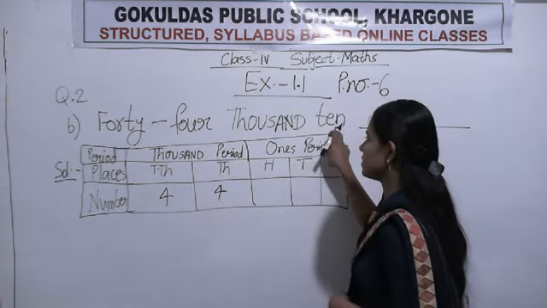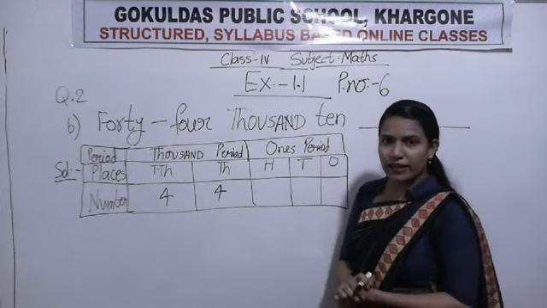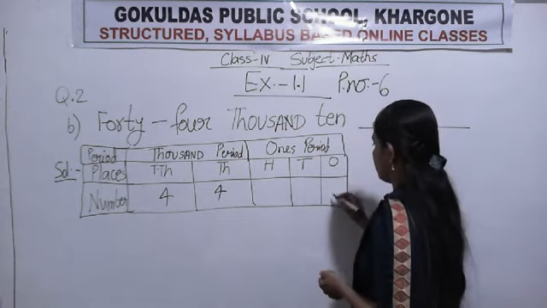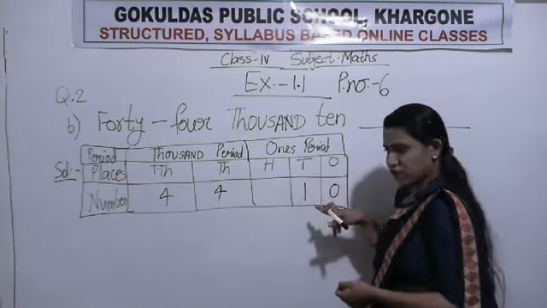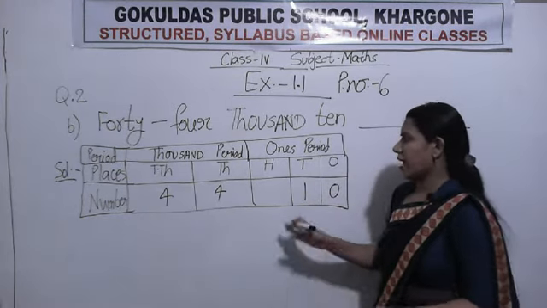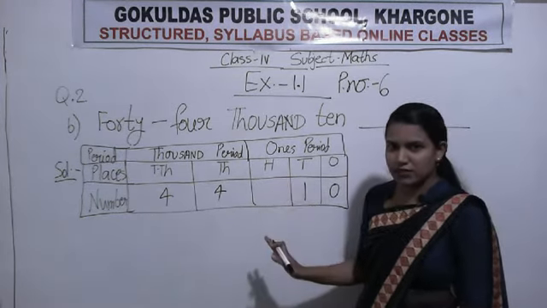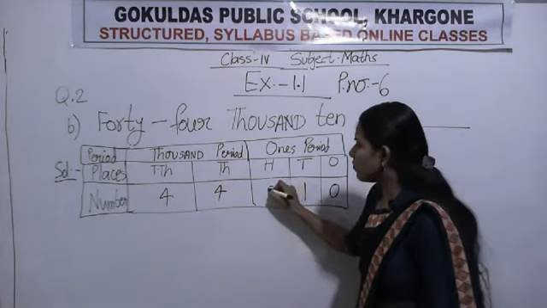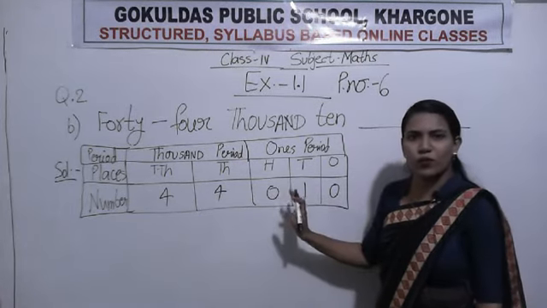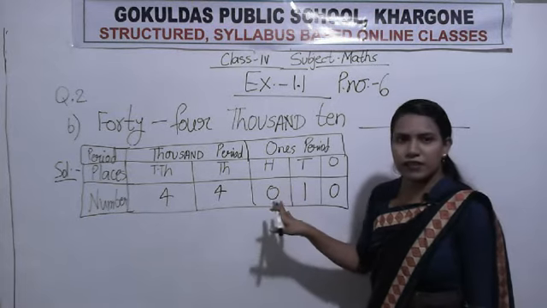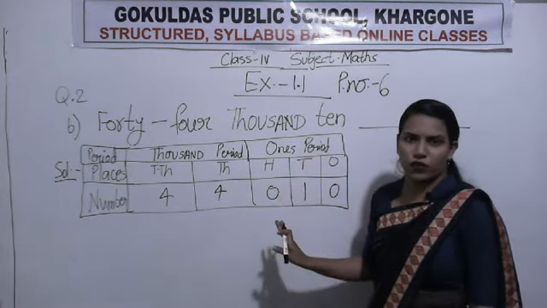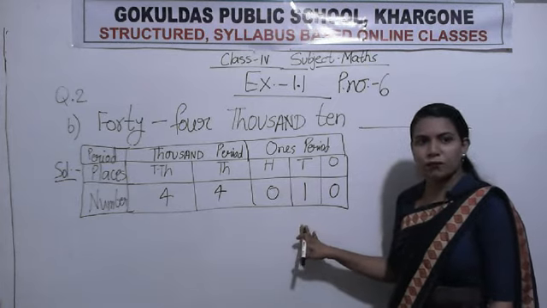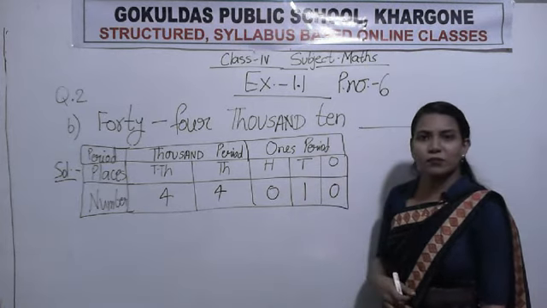Now here 10 is written. How will you write 10? 0 at ones place and 1 at tens place. This is how you write 10. And here you can see nothing is there. If nothing is there, you put a 0. Don't bother about it. If nothing is written for it, you have to put a 0 for it. So this is how you write the number for the given number name.